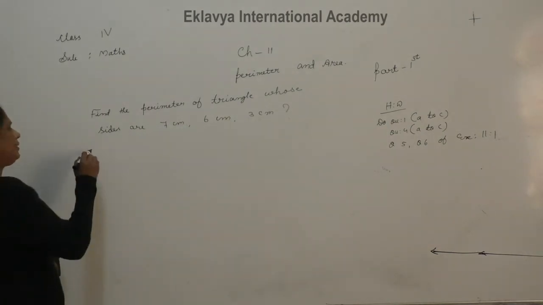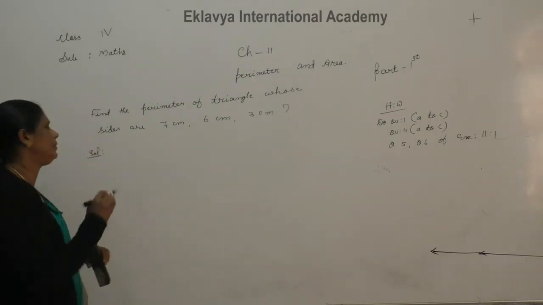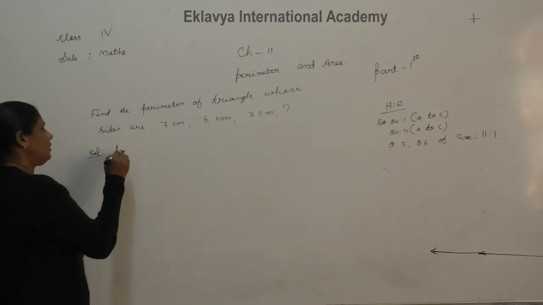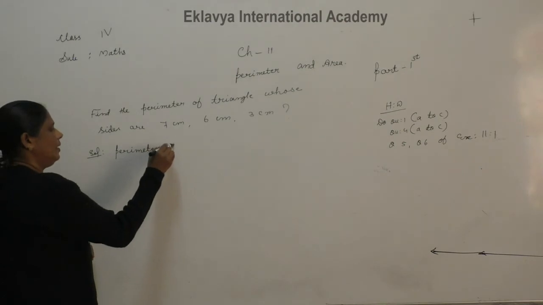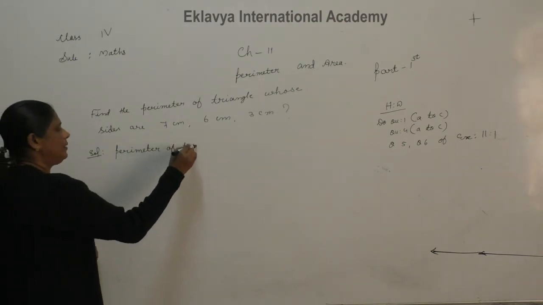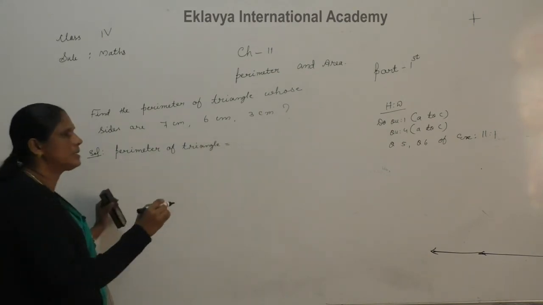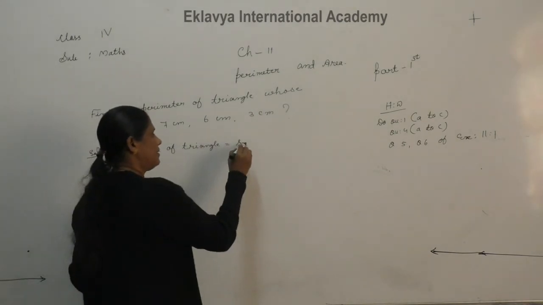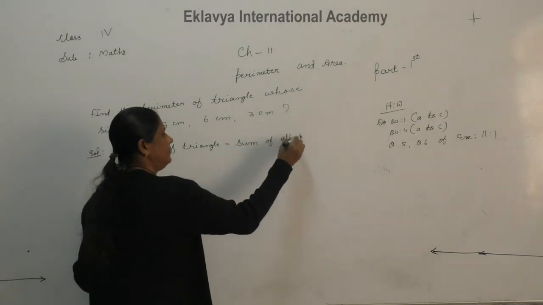First you write the formula. What is the formula? Perimeter of triangle is equal to the sum of all sides.